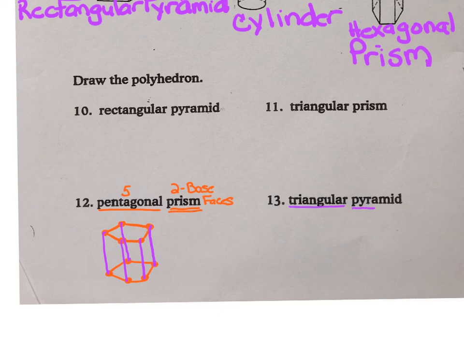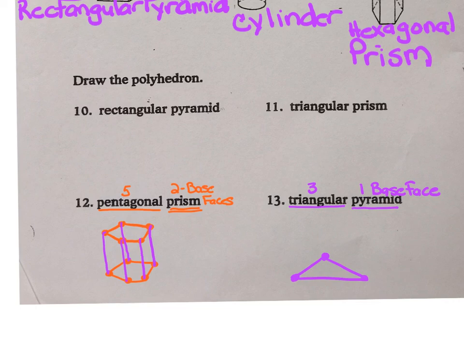triangular pyramid. Well, we know there are 3 sides to a triangle, and a pyramid has only one base face and a vertex up above. So take a moment and draw 3 points like so and connect the dots.